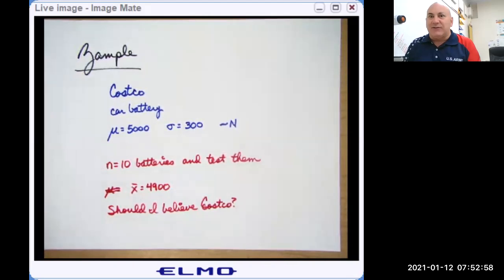There's no hard and fast rule. But in stats, unless you're given information to the contrary in a problem, we're pretty much going to stick with 5%. If there's more than a 5% chance of something happening, we're going to say that's pretty likely. If there's 5% or less, we're going to say that's unlikely.